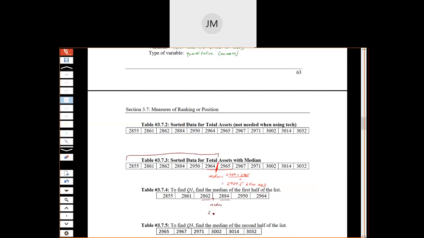The median here would be 2862 plus 2884 divided by 2, because again we have an even number so we have to average them. So I get 2873. That tells me that that's the first quartile.